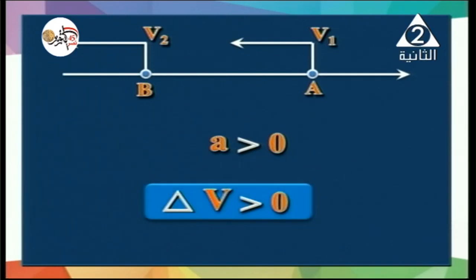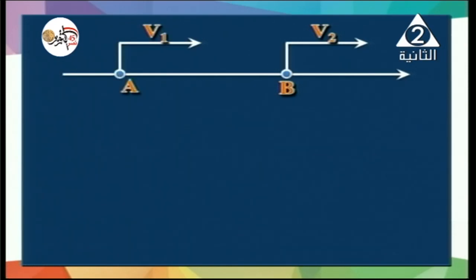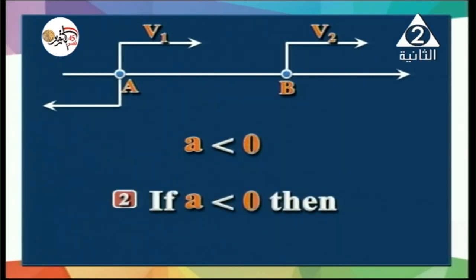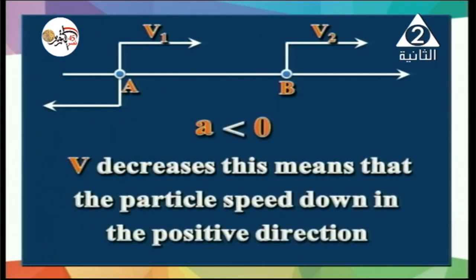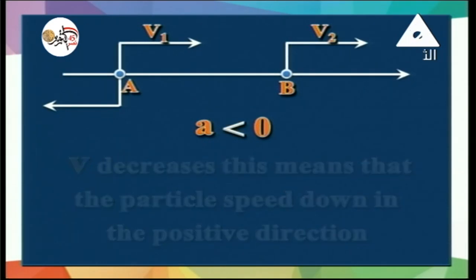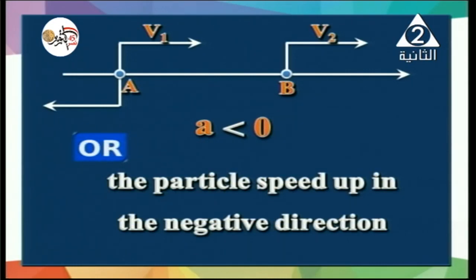Look at point A, v1 and v2 in the same direction, a more than 0, change of the velocity more than 0. Look, we have v1 at A and v2 at B. If a is smaller than 0, then we deduce that the velocity decreases. This means that the particle slows down in the positive direction, or the particle speeds up in the negative direction.